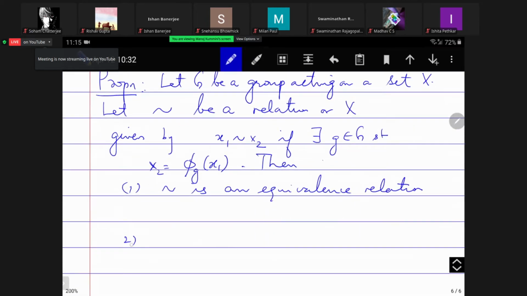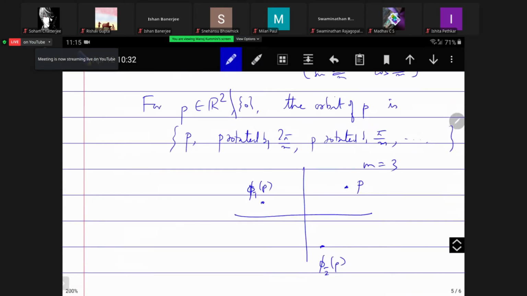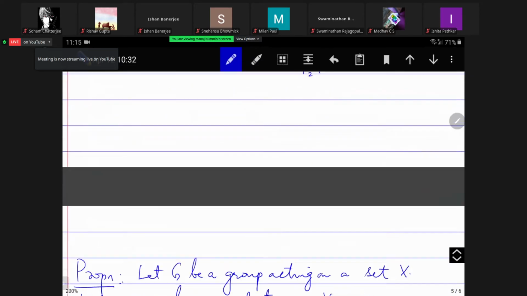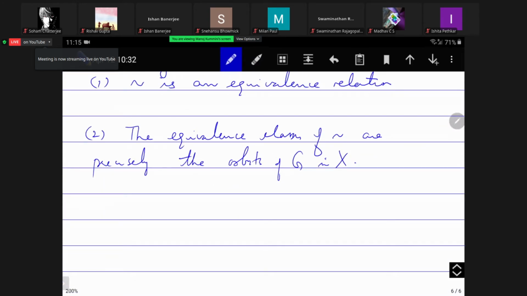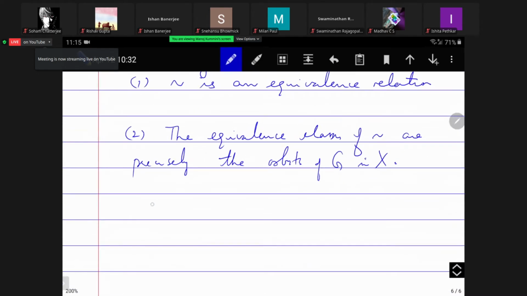Two, the equivalence classes of this are precisely the orbits of G in X. Okay, so we defined the orbit of an element, but when we consider all the possible orbits, we just call it the orbits of G in X.